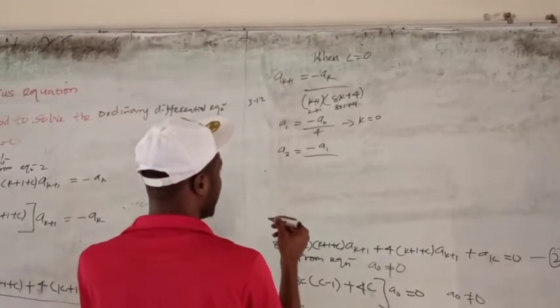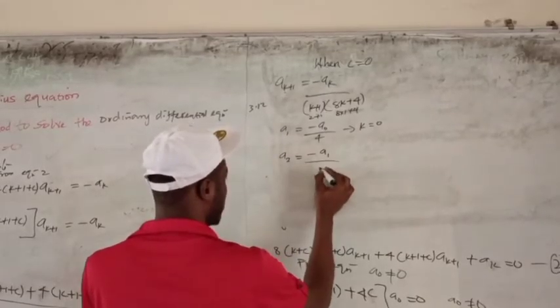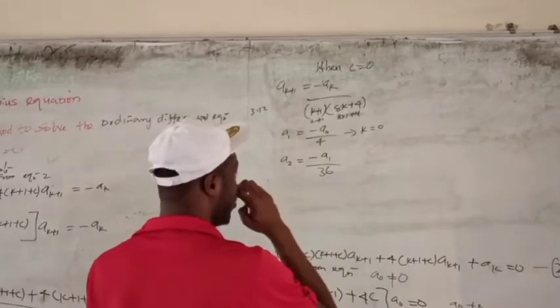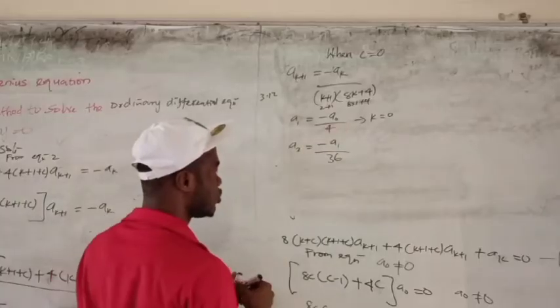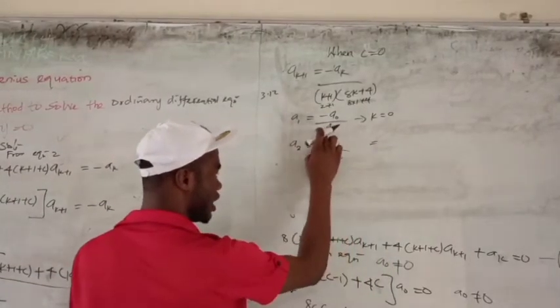So I have minus a1 over 36, and I know that my a1 is equal to some function. Let's break this down.